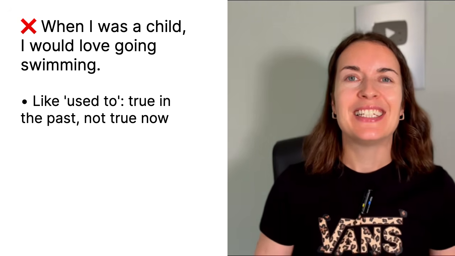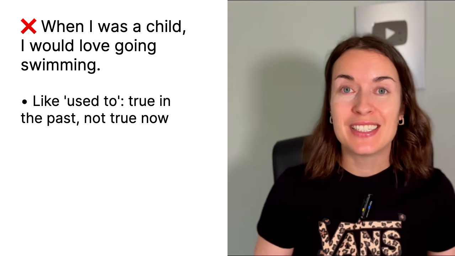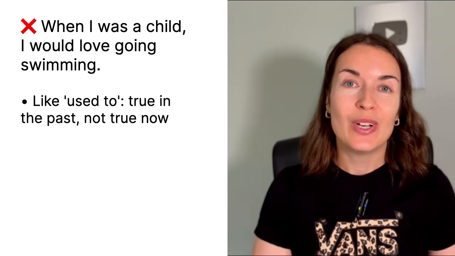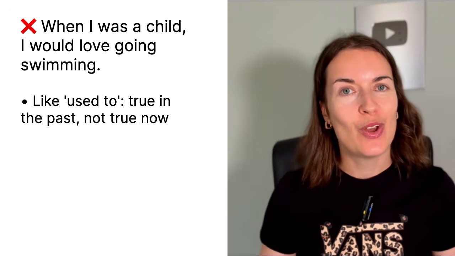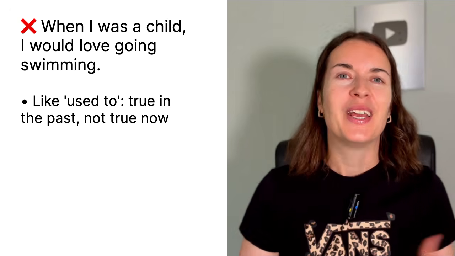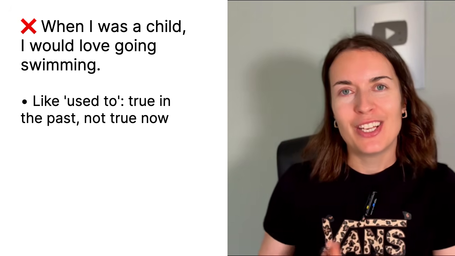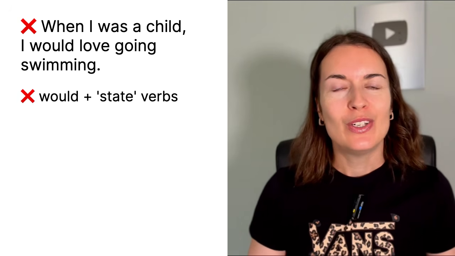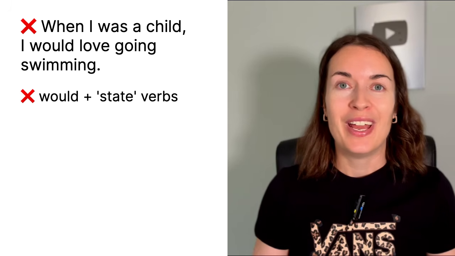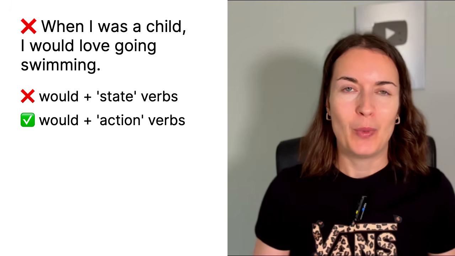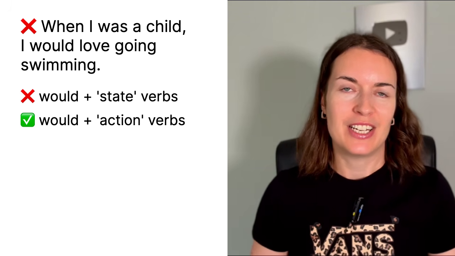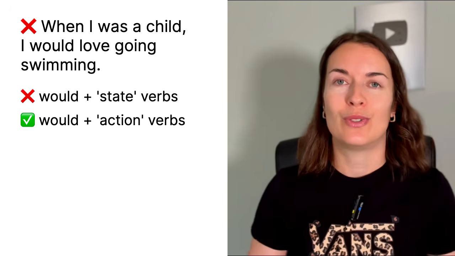So again, this sentence is about something that was true in the past, but it's not true anymore. And would is a bit like used to, but we can't use would with states. We can only use it with actions, like I would walk to school.